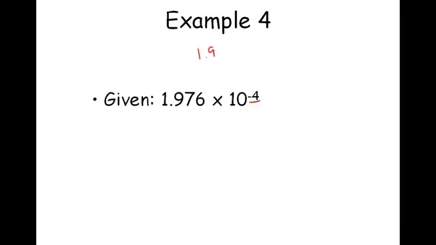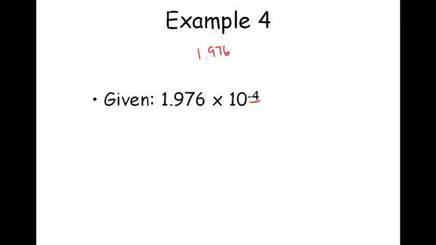Here's another example. Now, you'll notice that the number has a negative exponent. So therefore, you're going to be moving the decimal place to the left. Okay? So I'm going to do it up here. 1.976.